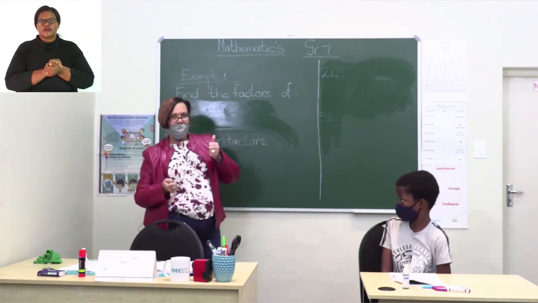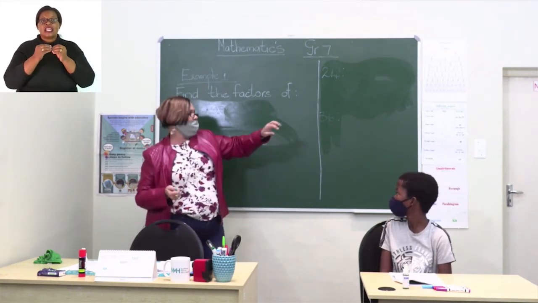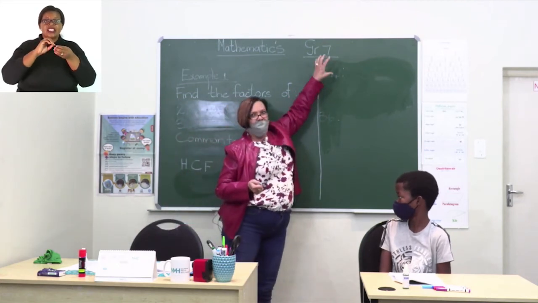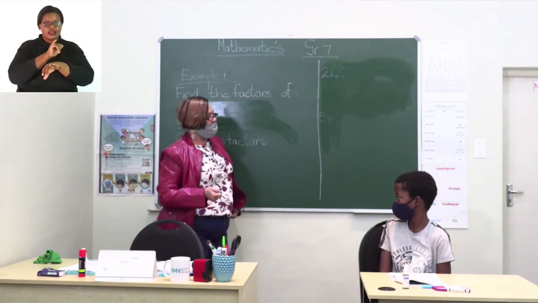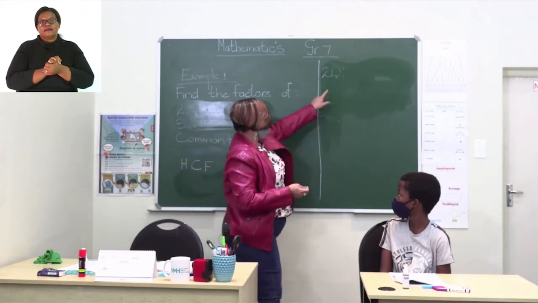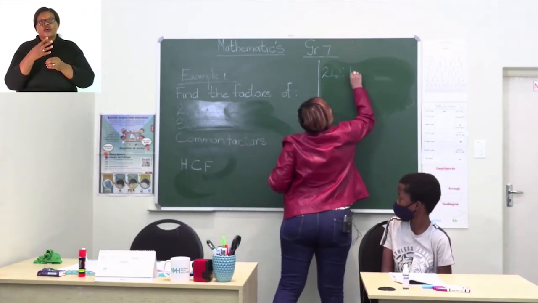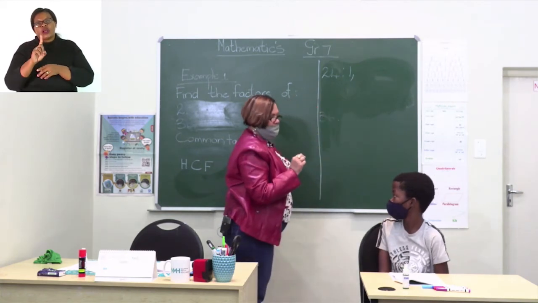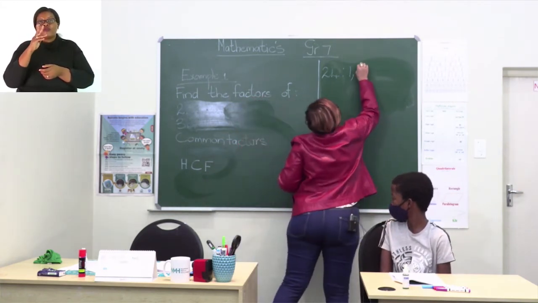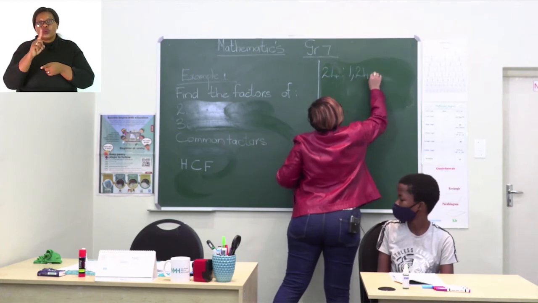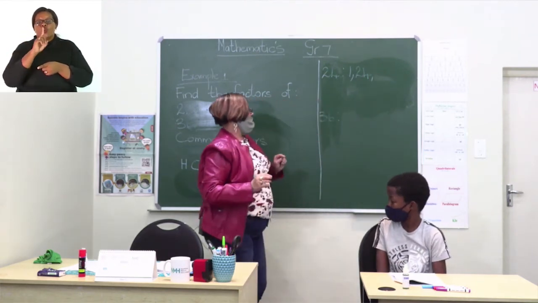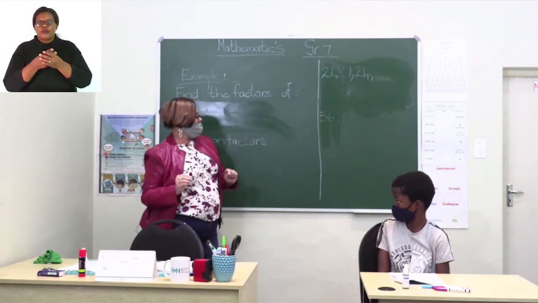Factors are numbers that we divide into a number without leaving a remainder. Which number can divide into 24 without a remainder? 1. And 1 divided into 24? 24 times. Meaning 1 as well as 24 are both factors of 24.